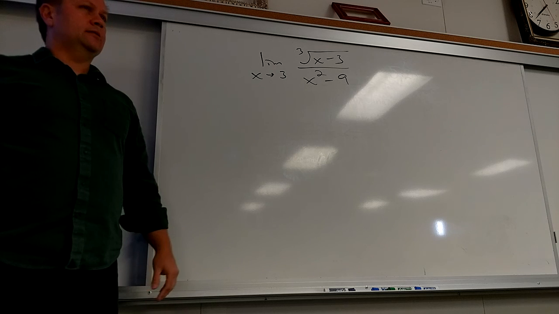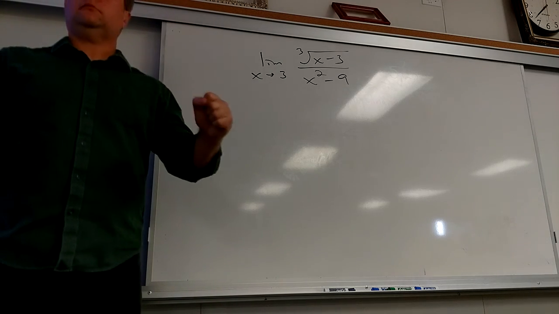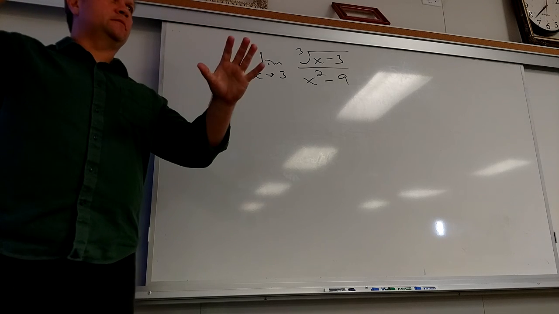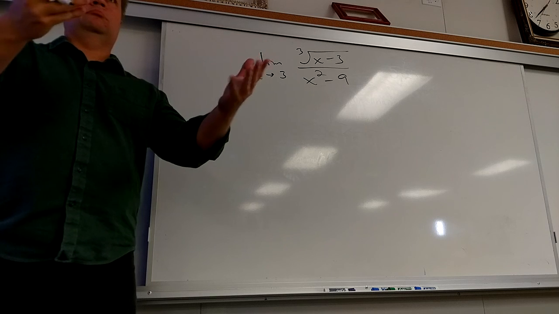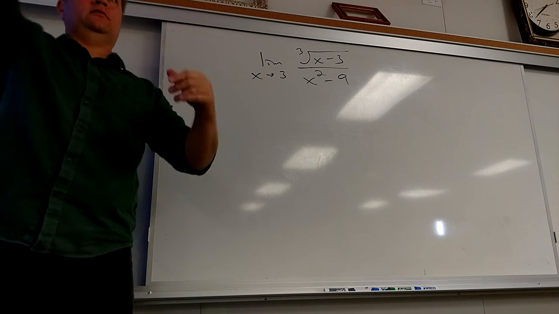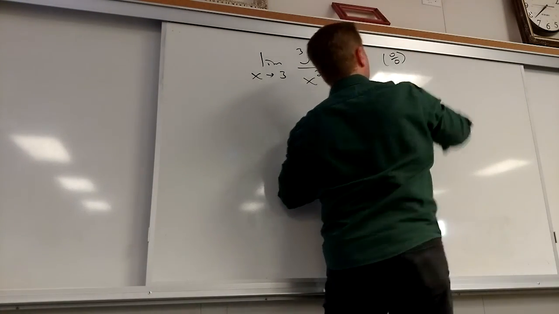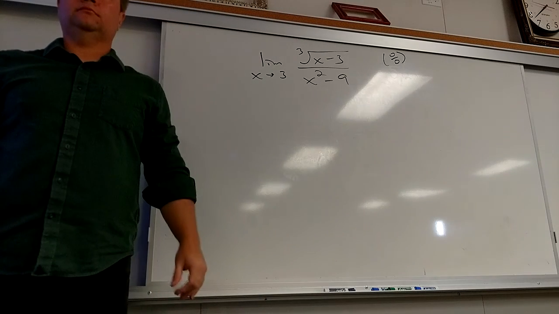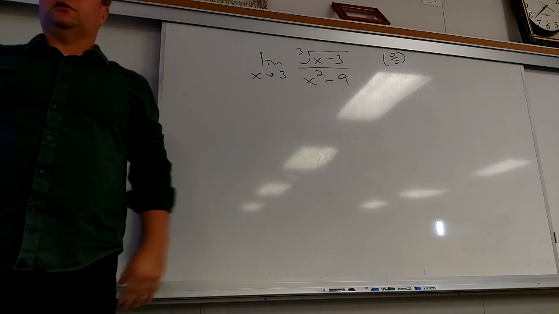Is this in indeterminate form? Which form is it in? If you know it's indeterminate, you have to be able to tell me which form it's in. 0 over 0. I love it. So it's in this form, so I'm allowed to use L'Hopital's rule.